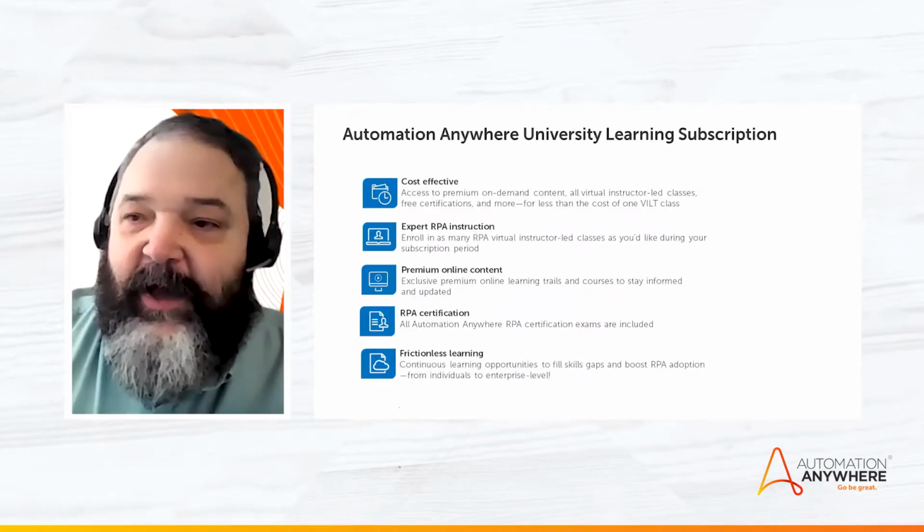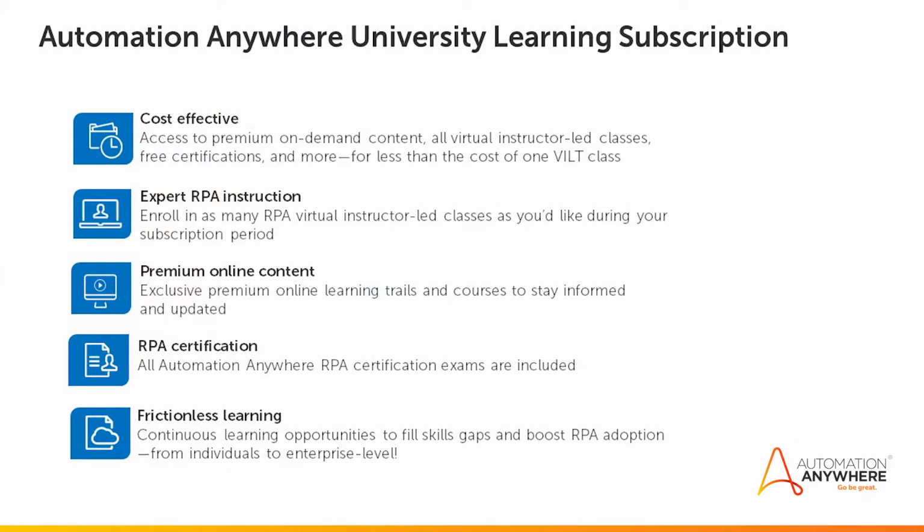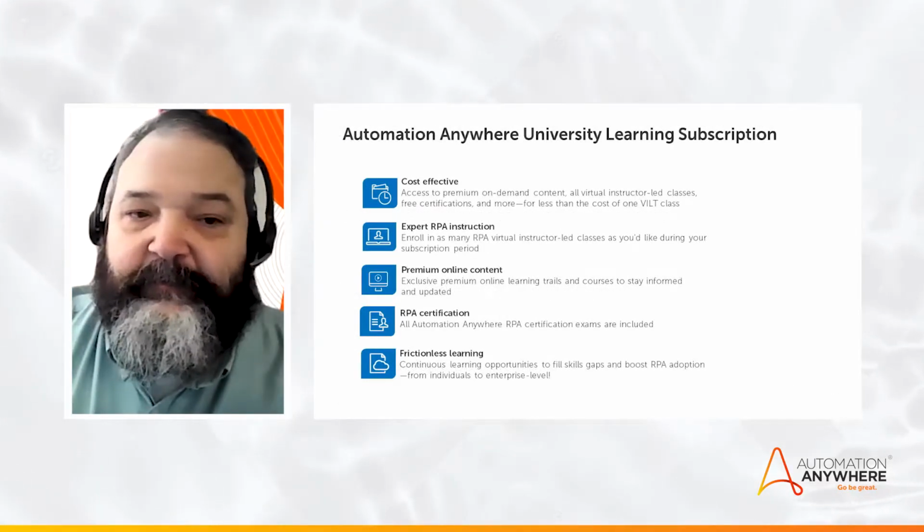The subscription packages have some interesting parts. The first part is it's very cost effective to sign up for a year-long subscription to Automation Anywhere University. The cost of a subscription is actually less than the cost it would take to attend one of our virtual instructor-led classes. And even more, once you have a subscription, you can attend as many instructor-led classes as you'd like over the length of your subscription.